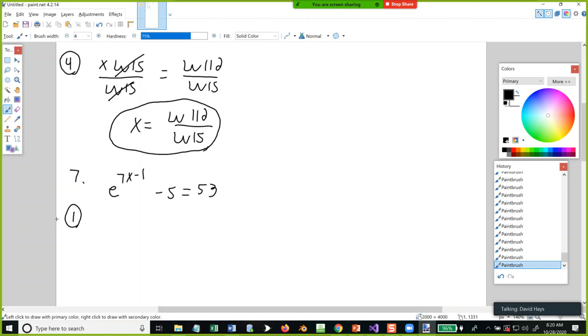Step one, get the part with the variable and the exponent by itself on one side. It's not by itself currently. We have a minus 5 after it. So I take that minus 5, move it to the right side. So I got e to the 7x minus 1 is equal to 53 plus 5. So e to the 7x minus 1 is equal to 58.